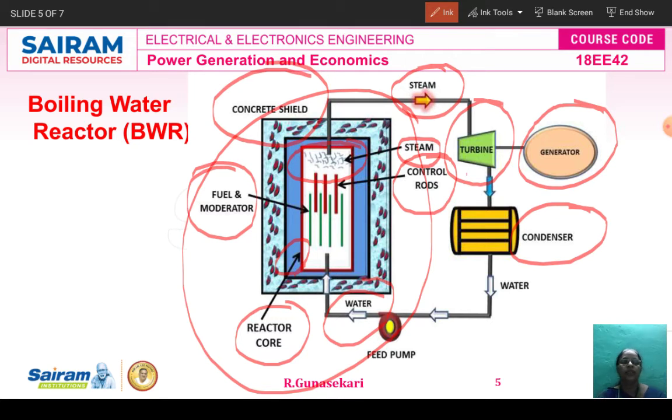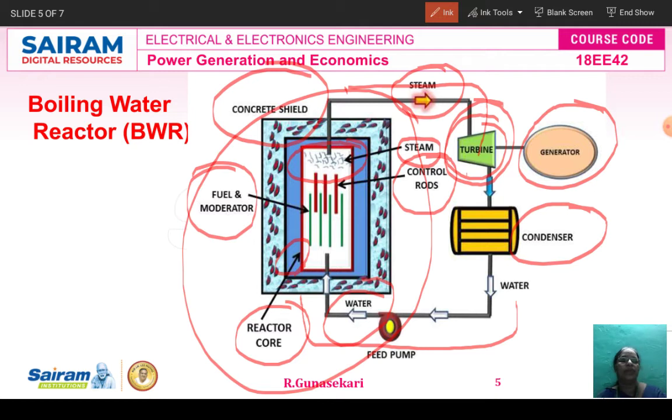You see, the water from the condenser comes to the nuclear reactor through the feed pump. The water is converted into steam. Here the steam is formed, and that steam goes to the turbine. This steam is used to drive the turbine.